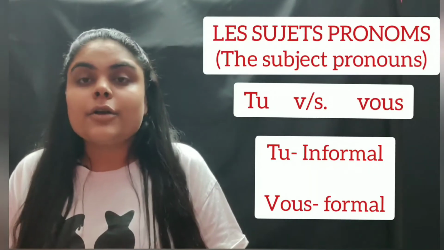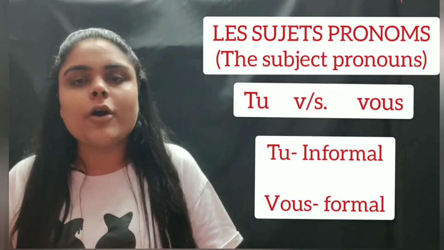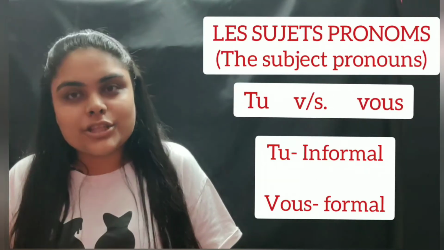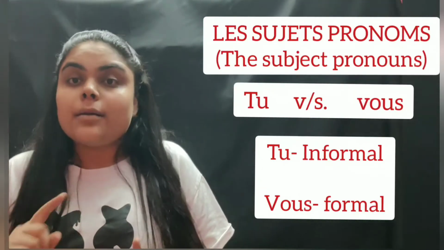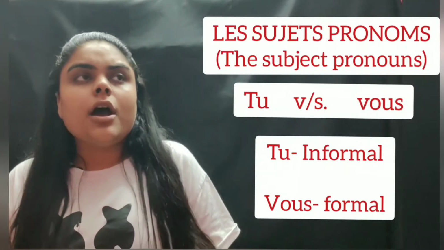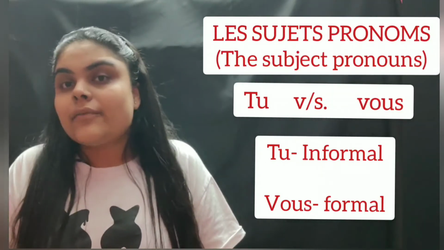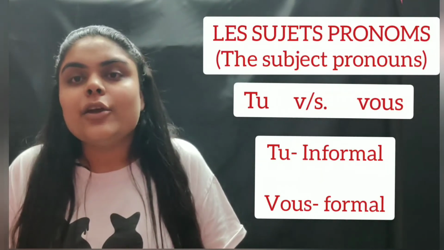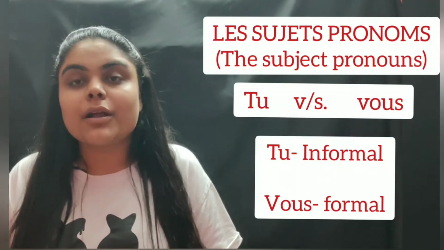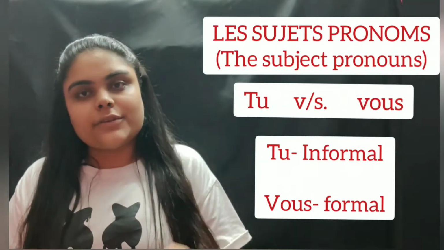Your name is. Because she is my friend, he is my friend, so I'll use the informal way of conversation. I will say tu. But when I'm talking to my school teacher, my office colleagues, or someone I'm very formal with, a new person I'm meeting, I will not say tu, I will say vous, because it's a formal way of conversation. This is the first difference.